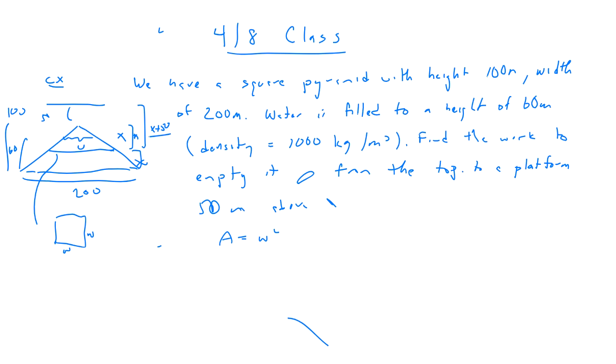So what's the relationship between w and x? This is where the similar triangles come in. So w divided by x is equal to what?